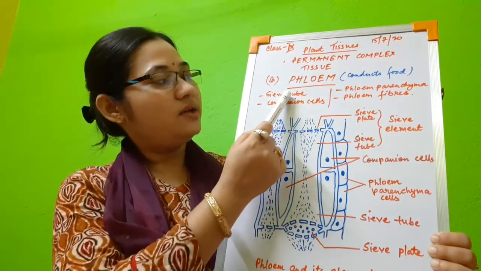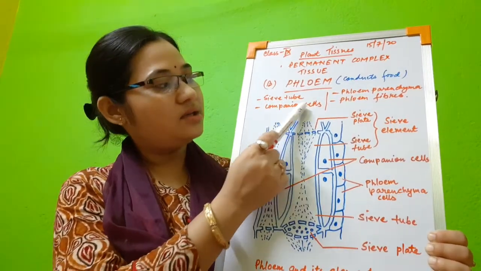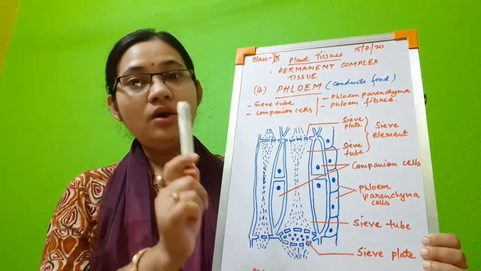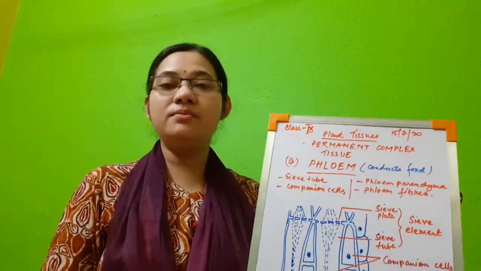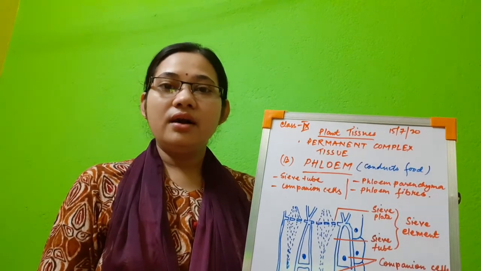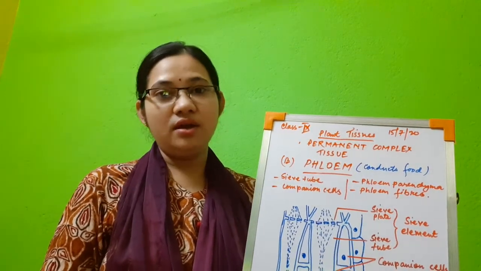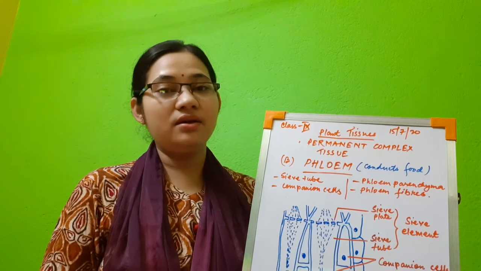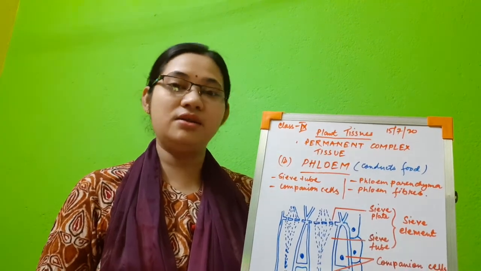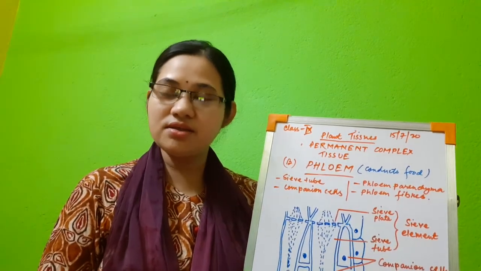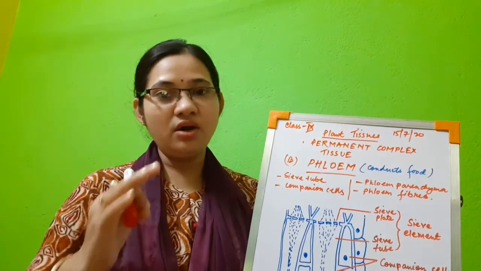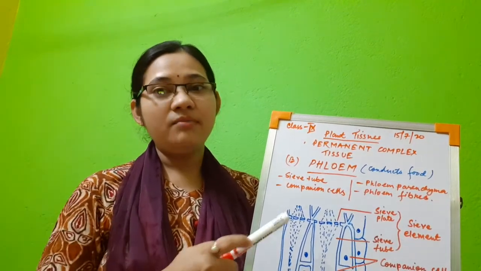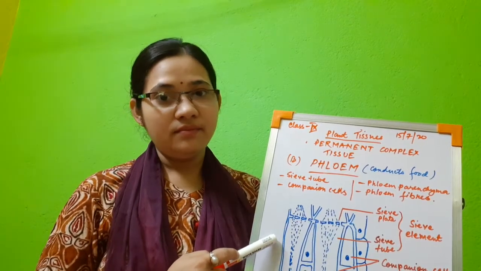Sieve tubes, companion cells and phloem parenchyma are living; only phloem fibers are dead. In xylem, there are a majority of dead tissues, and only xylem parenchyma is living in nature. The vessels, the tracheids, and xylem fiber are dead. So the majority of xylem is dead, but the majority of phloem is living.